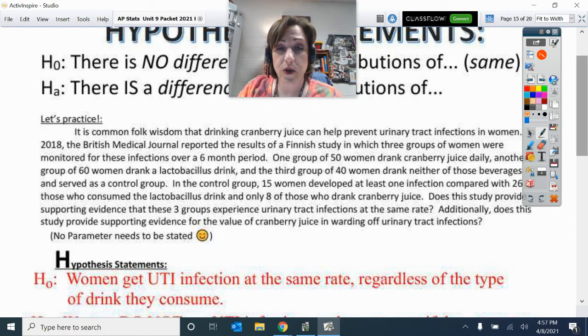All right, now we have the observed results of how many got urinary tract infections. 15 in the control group had at least 1 infection, 26 in the lactobacillus group, and 8 in the cranberry juice group. Does this study provide supporting evidence that these 3 groups experience urinary tract infections at the same rate?